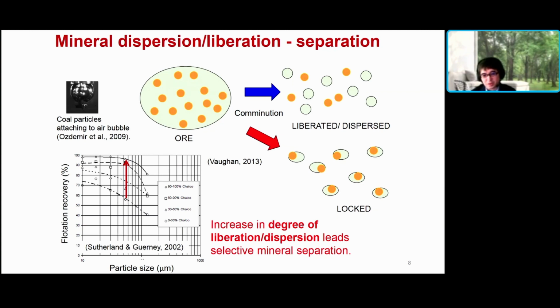In addition, we would like good dispersion of the different minerals that will allow selective particle recovery of the particles carrying valuable minerals. The higher the degree of liberation, the higher the degree of dispersion of the target mineral, leading to selective mineral separation and recovery. Here you have particle flotation recovery as a function of degree of liberation, indicating the higher the degree of liberation, the higher the particle recovery by flotation.